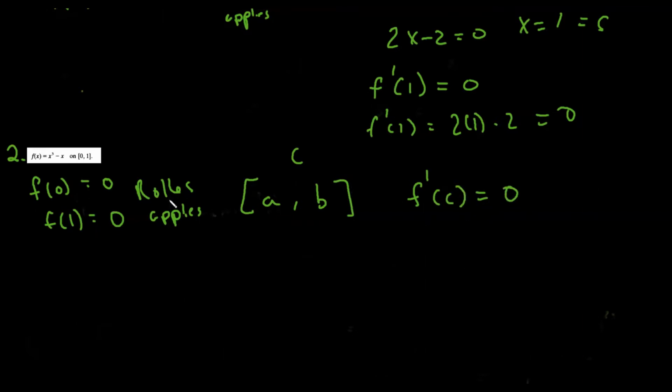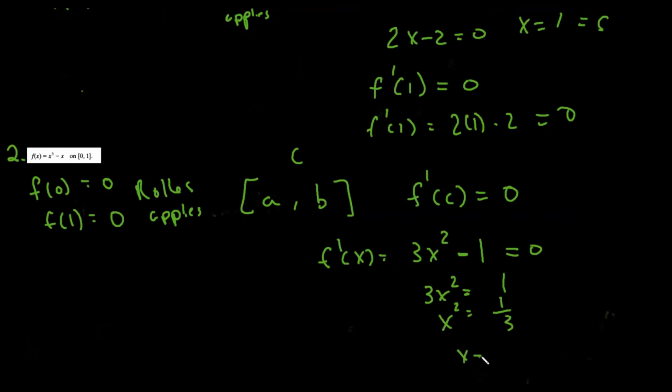So what I would do is take the derivative of our function. So the derivative is 3x squared minus 1. If I set it equal to 0 and I solve for x, I got x squared is equal to 1 over 3. X is equal to root 1 over 3.